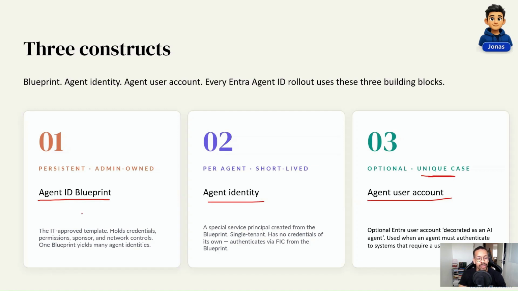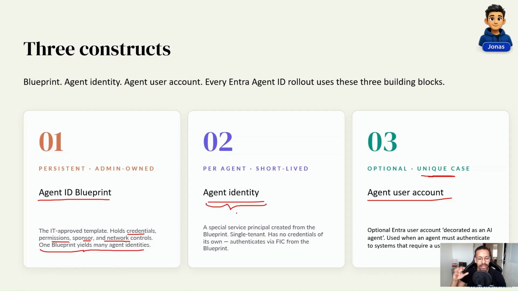And in here, you will have the blueprints. This is IT approved. It holds the credentials, it has the permissions, the sponsors, network controls, and one blueprint yields to many agents. If you remember the first video, we deployed the sales development agent, which created a blueprint. And from there, you can create instances of agent identities in the blueprint.